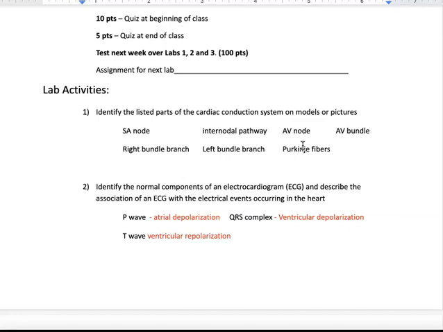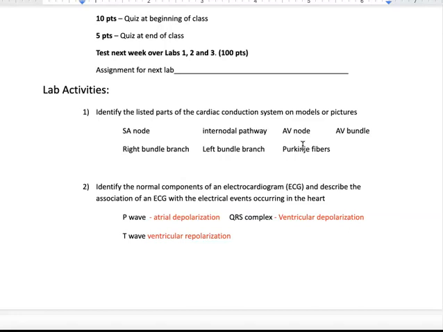Now, when your heart beats, when the heart cells are contracting, they are depolarizing and repolarizing, like nerve cells we talked about in AMP1. There are electrolytes moving, ions moving, and that generates electricity. So when the SA node fires, which causes the cells of the atrium to depolarize or contract, you're going to see that because there's electricity being generated.